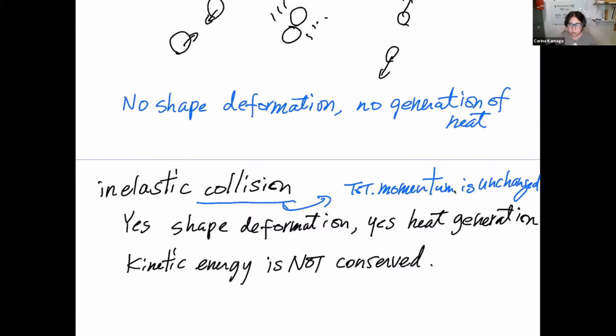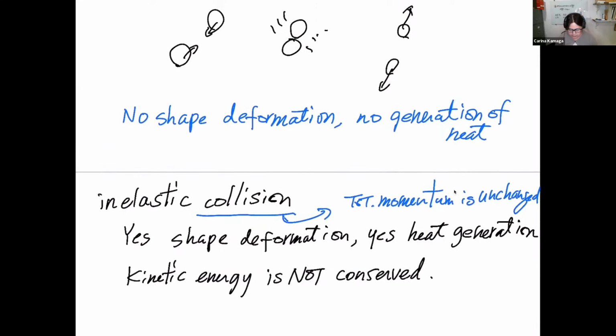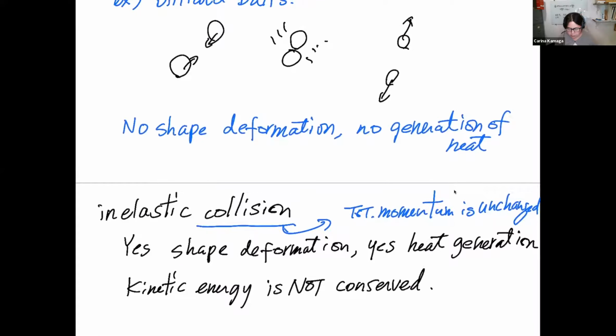But you may lose some energy because you may see shape deformation or heat generation. So that's the inelastic collision. An elastic collision is a nice collision where you don't lose energy, you don't see any shape deformation and no generation of heat. A billiard ball collision is a good example of an elastic collision.